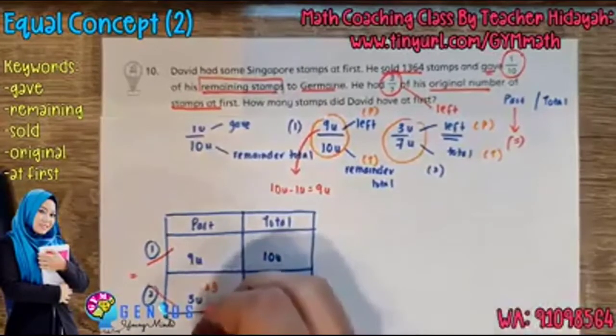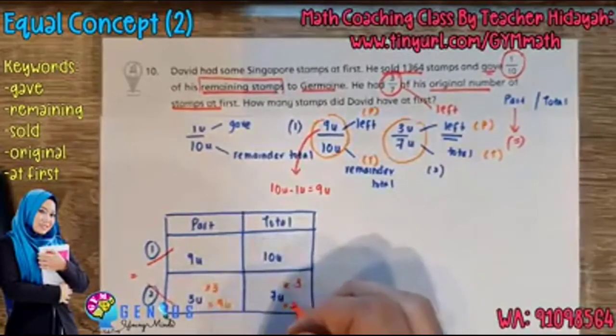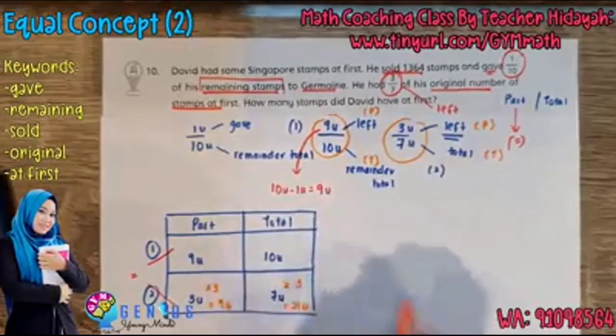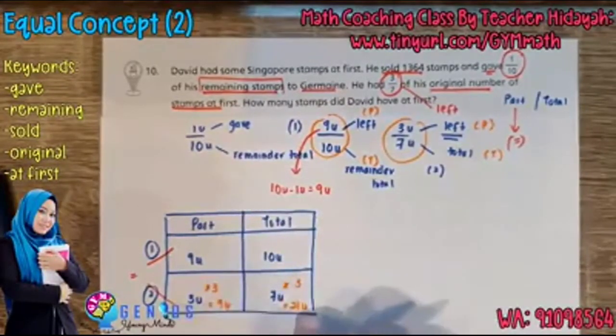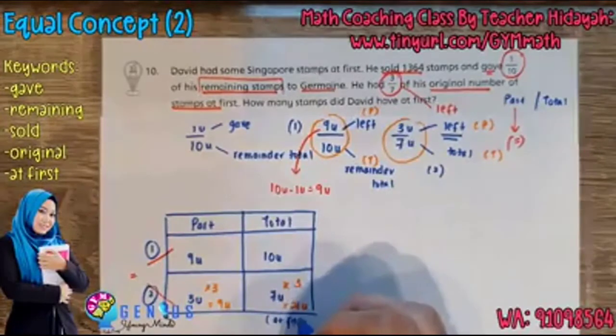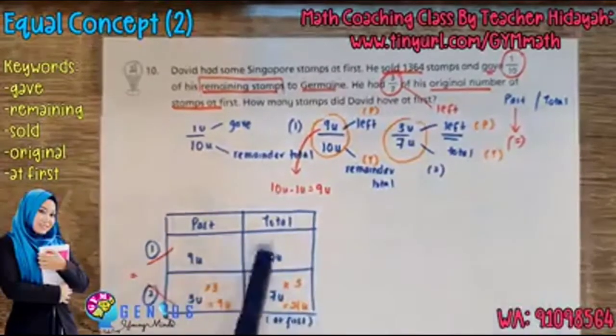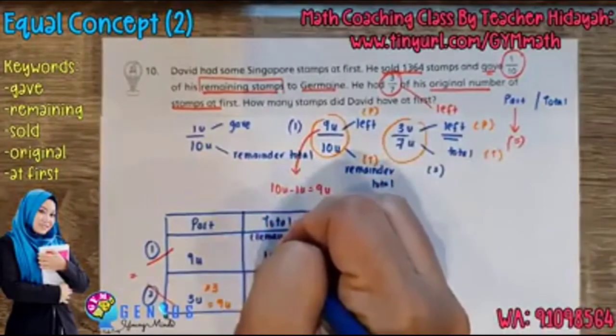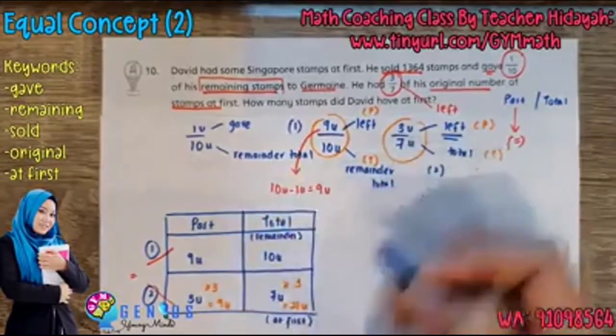Here also times 3, equals 9 units, equals 21 units. Now, the second fraction is actually the grand total that he had at first. This is the remainder total.